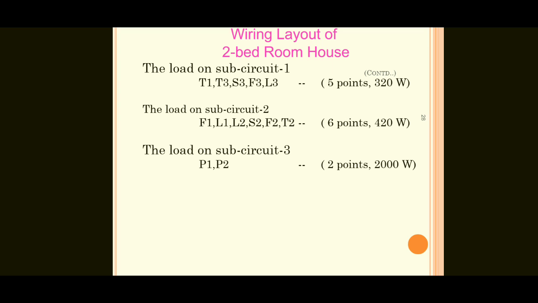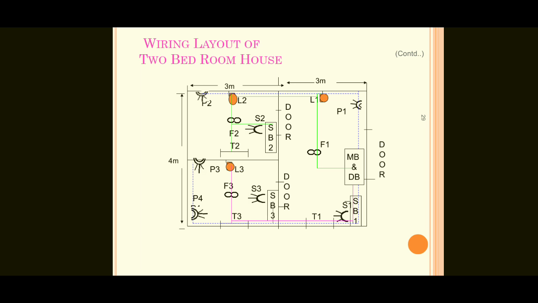The load on sub-circuit 3, P1, P2, 2 points, 15 amps rating, so 2000 watts. The load on sub-circuit 3, P3, P4, 2 points, 2000 watts. Now this is the wiring layout of 2-bedroom house.